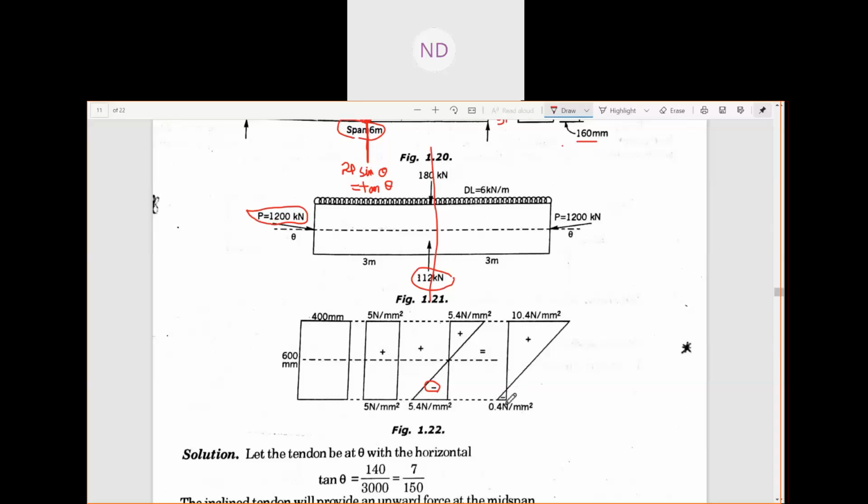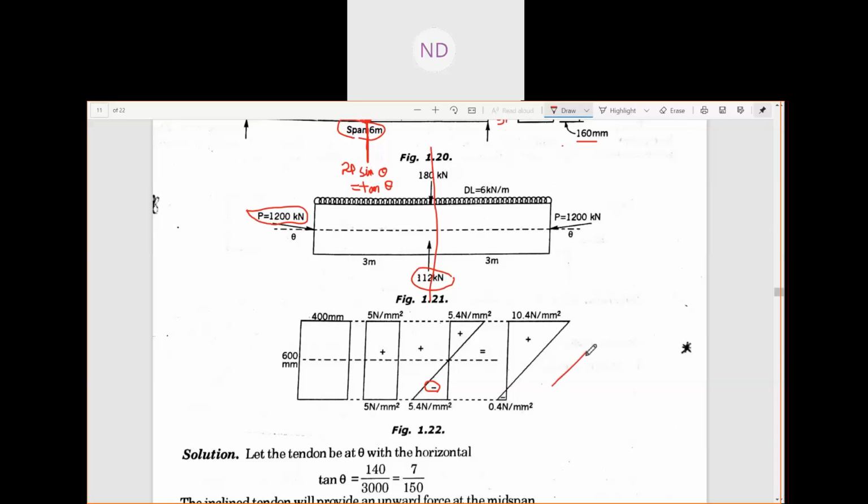So it is negative here. That means in this particular question with the bent tendon, the beam is under compression at the top with a stress of 10.4 Newton per mm square, and at the bottom it has a small tensile stress of 0.4 Newton per mm square.